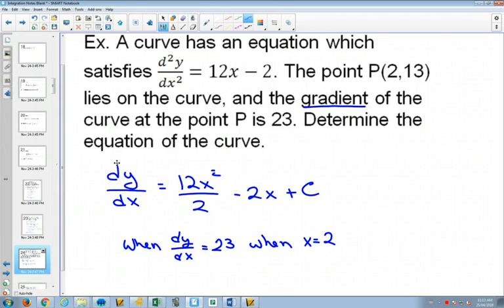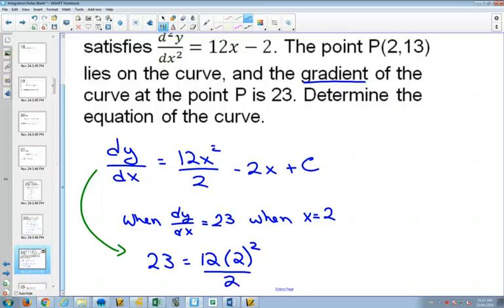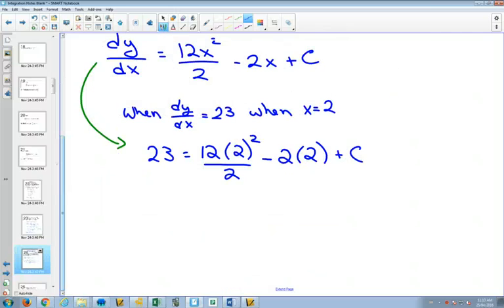Now that's important to write it out that way because that allows us to take this equation, plug those values in, and get that c is going to be equal to 3.